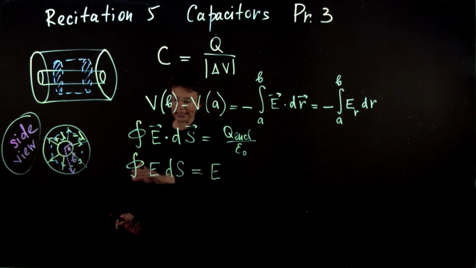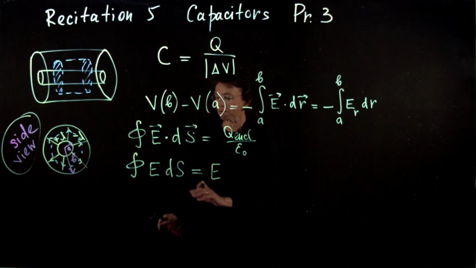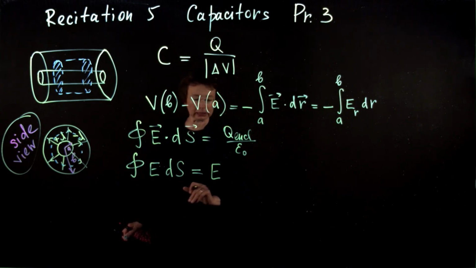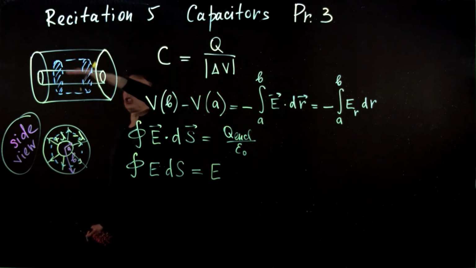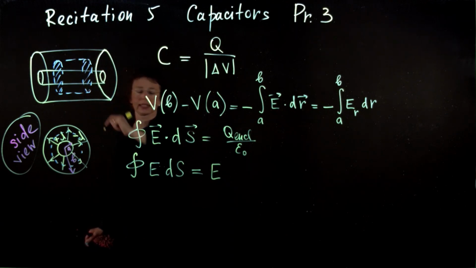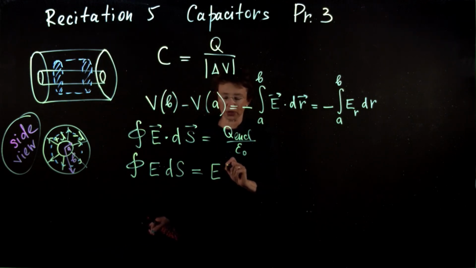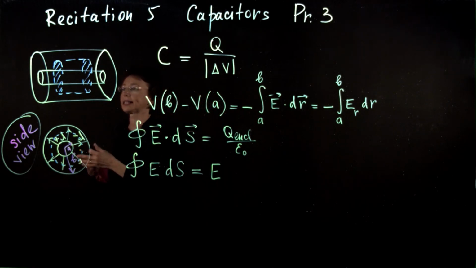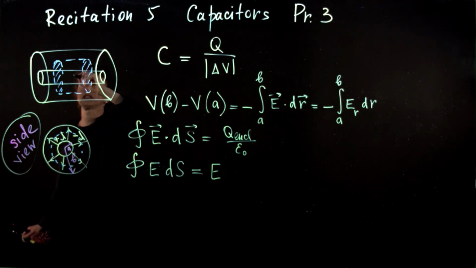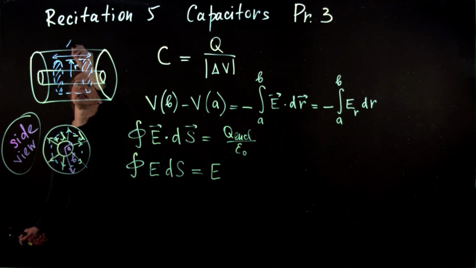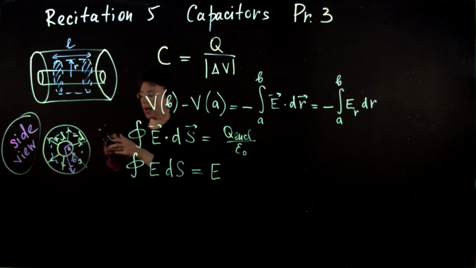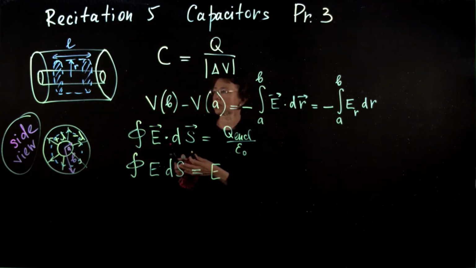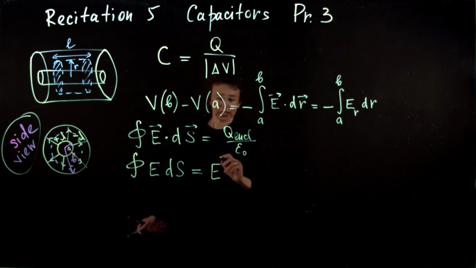I take it out of the integral. And integral dS is just S, where S is the side surface of the cylinder. Since this cylinder has arbitrary radius r and arbitrary length l, what is this side surface area of the cylinder? It is 2 pi r l.